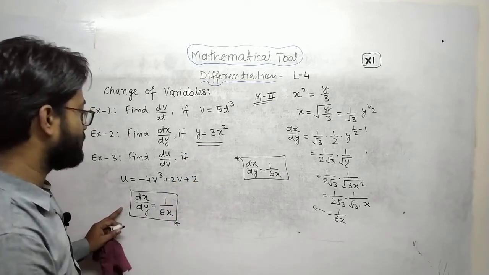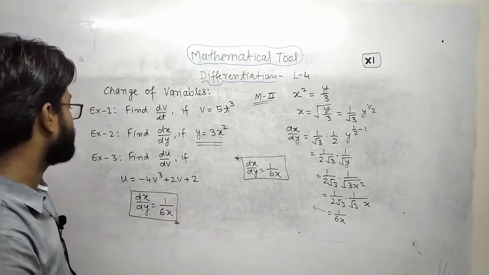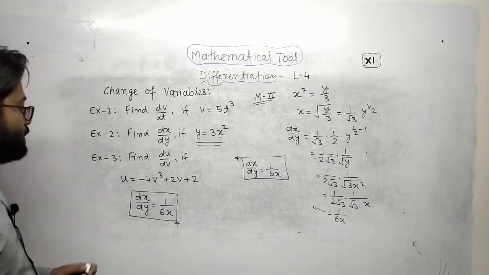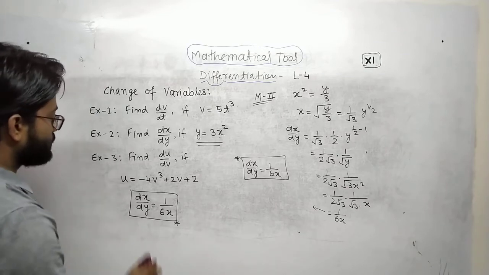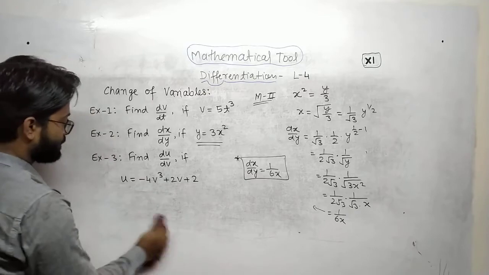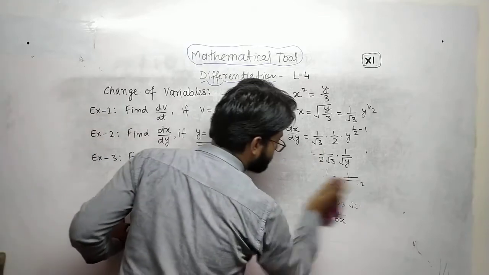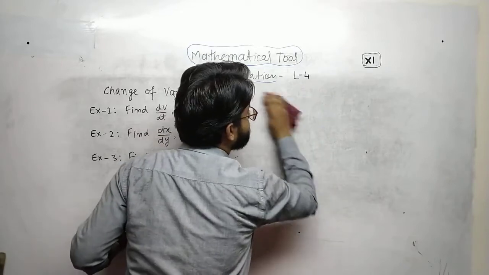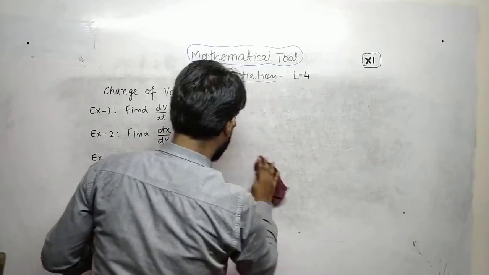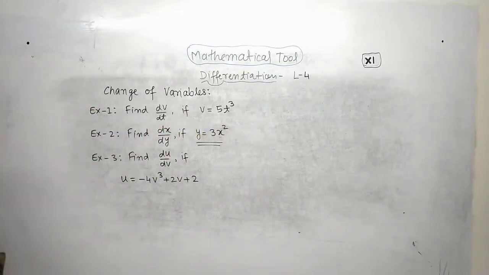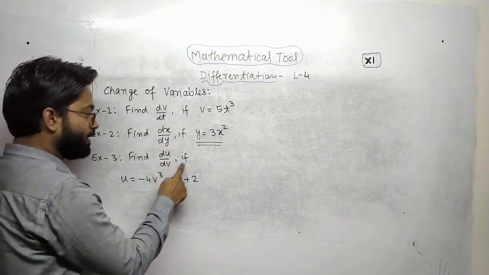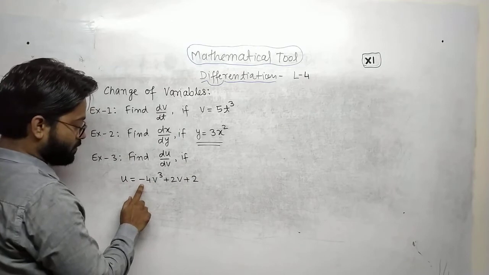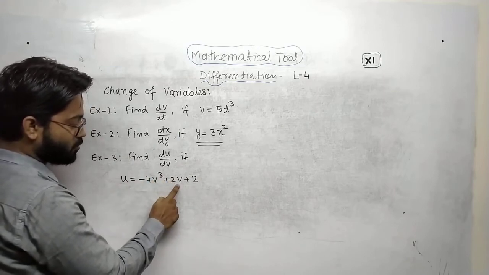Okay, hope you are understanding. Now let's move toward example 3. What is example 3? Example 3 is find du upon dv if u equals minus 4v cube plus 2v plus 2.